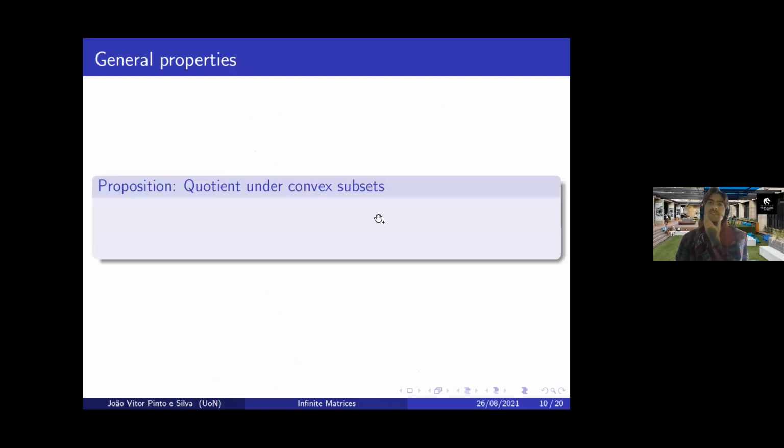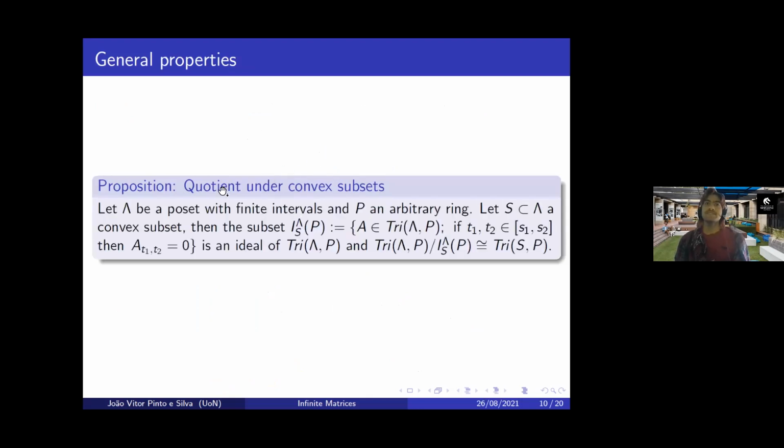Next, let's see. One of the interesting properties that these rings have is, if you have a poset with finite intervals and P an arbitrary ring, then given a convex subset of your poset, you can get an ideal such that the quotient of the ring over this ideal is isomorphic to the ring defined by the convex set.